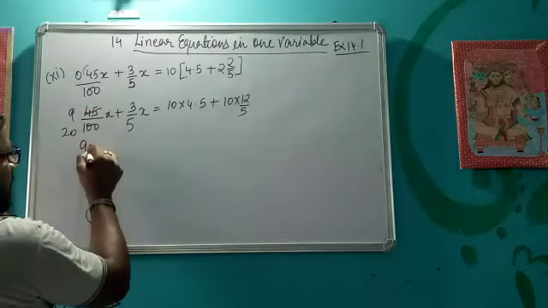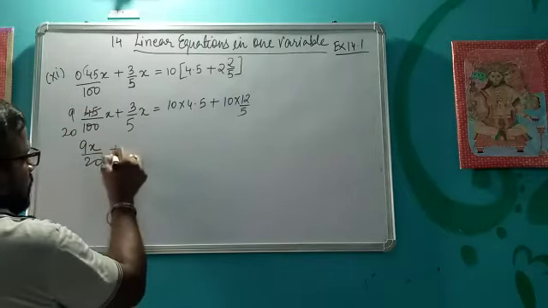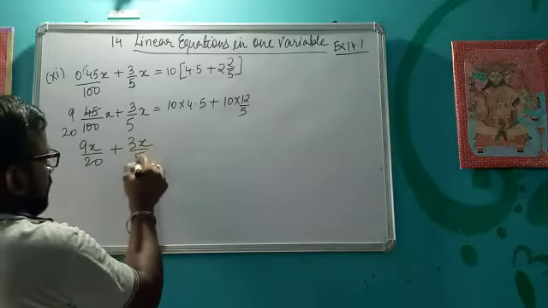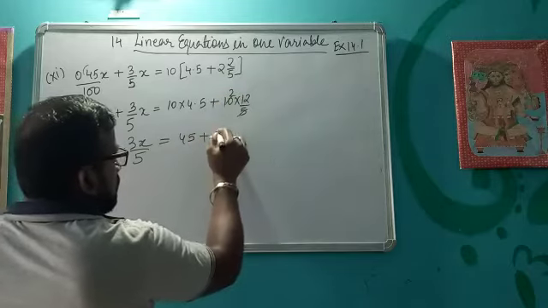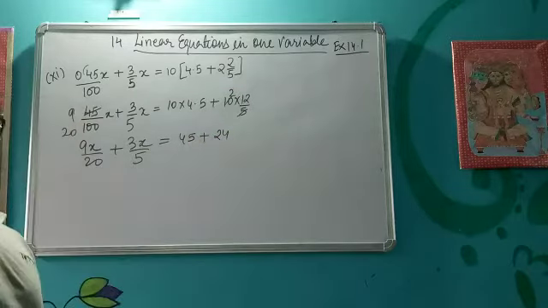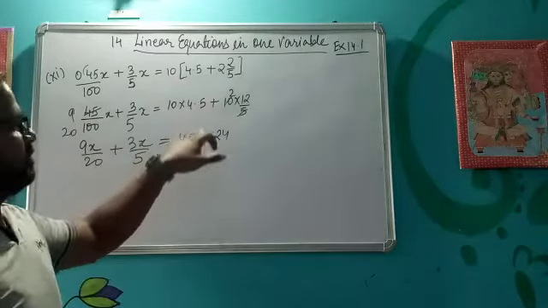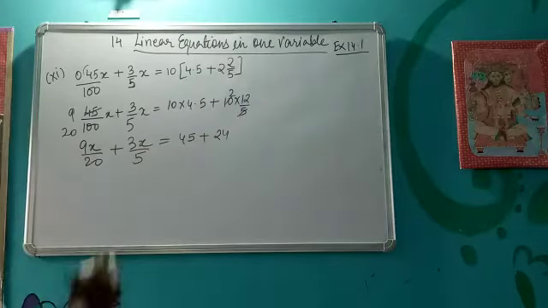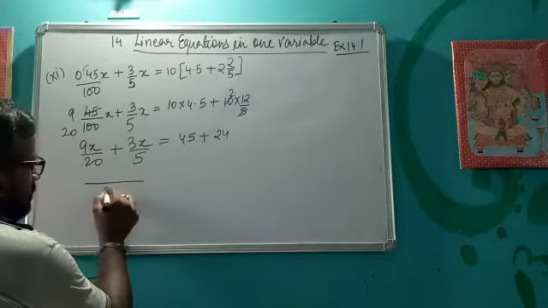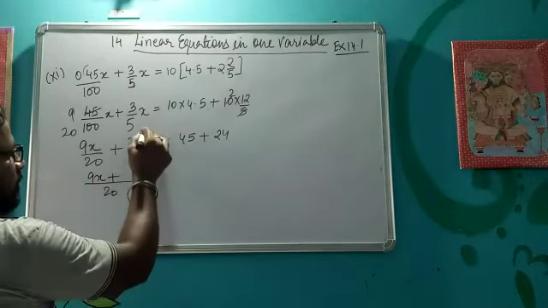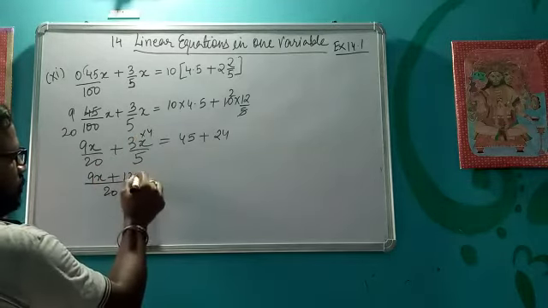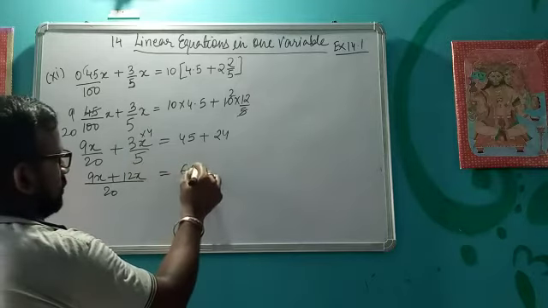So let's do some simplification. It becomes 9x upon 20 plus 3x upon 5 is equal to 45 plus, okay, multiply it inside the bracket. So now let's take the LCM. 20, so it is 9x plus 5 into 4 is 20, 12x equal to 69.